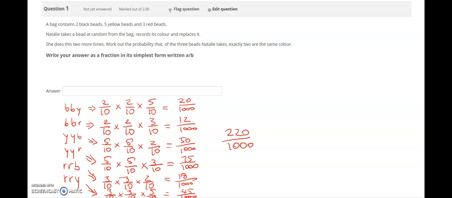However, we need to consider, when looking at black, black, yellow, we need to be aware that this could be black, yellow, black as well, or yellow, black, black. So our 3 possibilities in total for each and every one of these that we've got already.